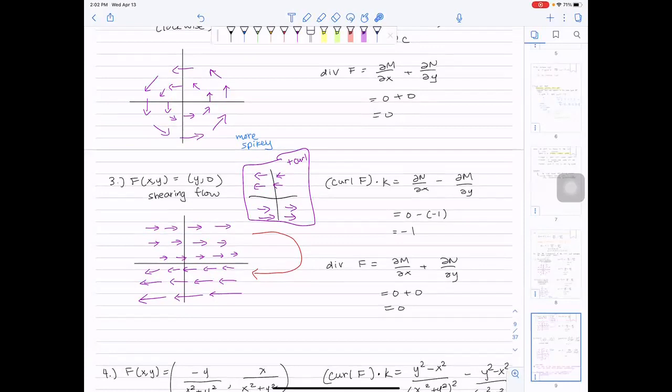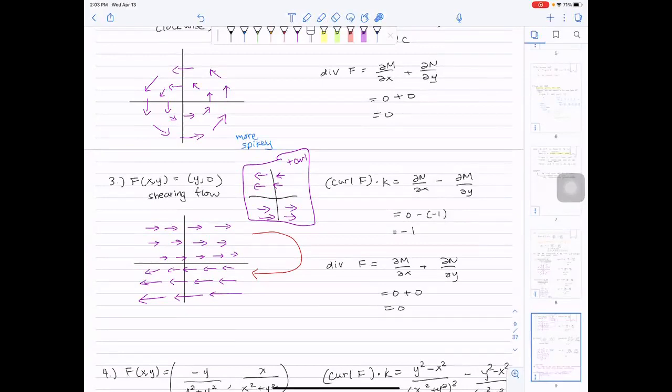Curl is this formula, right? We have our 3 terms. This first term is telling you the circulation in the YZ plane. This term is the circulation in the ZX plane. This term is telling you the circulation in the XY plane.